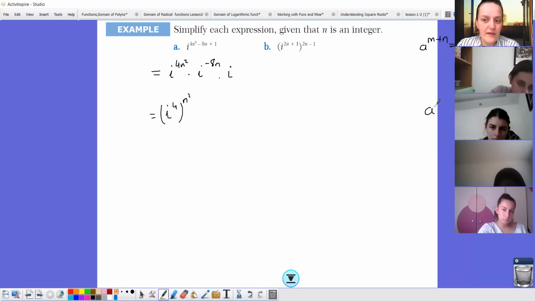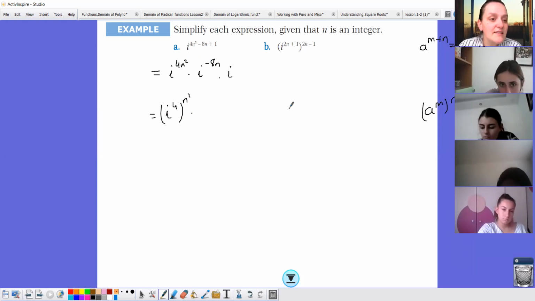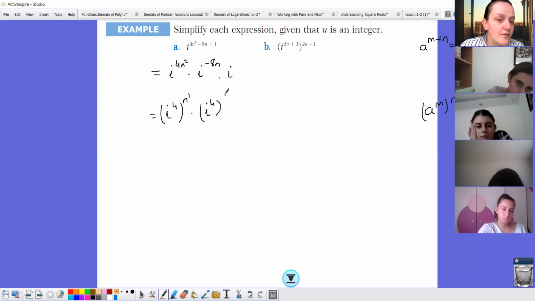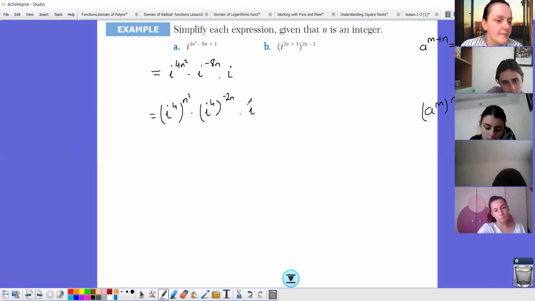Which property am I using? This property, m times n. Here what I have, minus 8n, I can write as 4 times minus 2n, yes? So it will be i to the power of 4 to the power of minus 2n. And because this is i, it will stay as i.